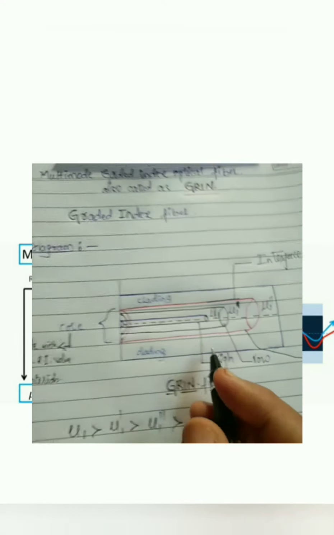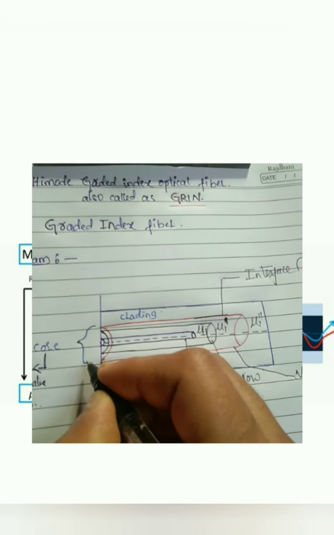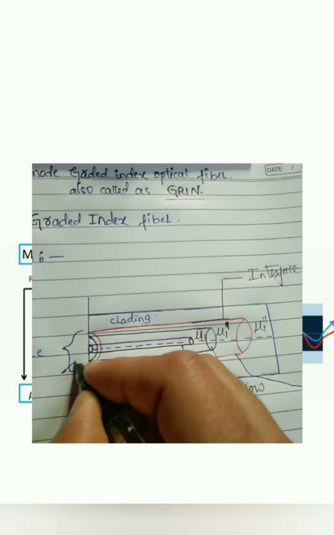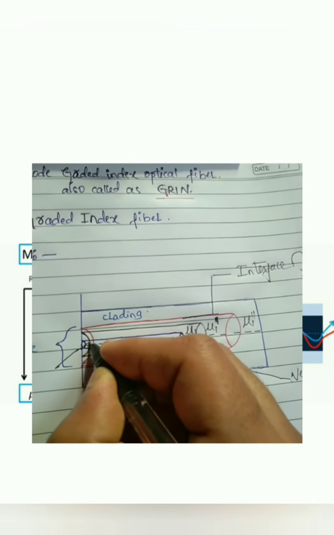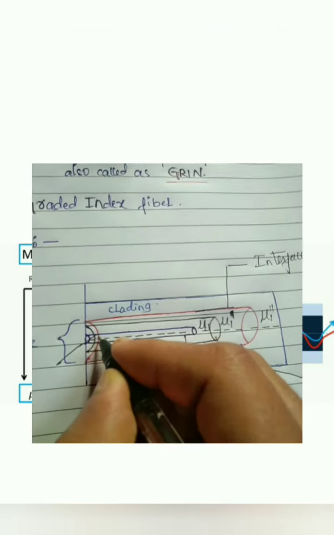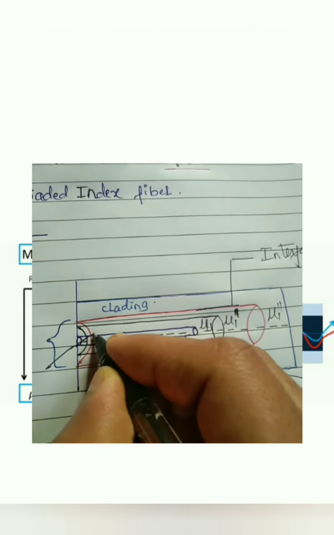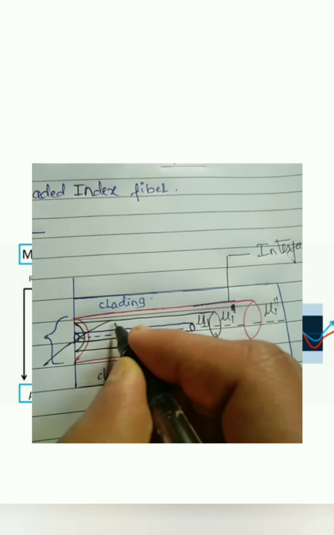Here I am drawing a light wave passing at some angle through the central part of the core. See, it reaches the first layer, the mu1 layer, then bends and passes through the mu1 dash layer, and again bends and passes through the mu1 double dash layer.